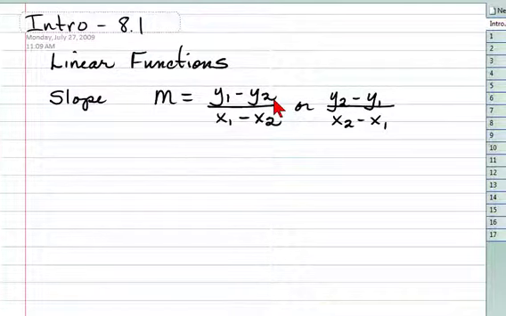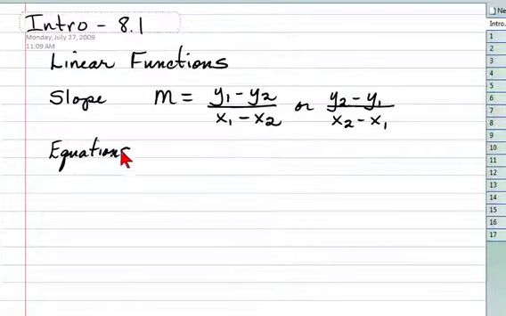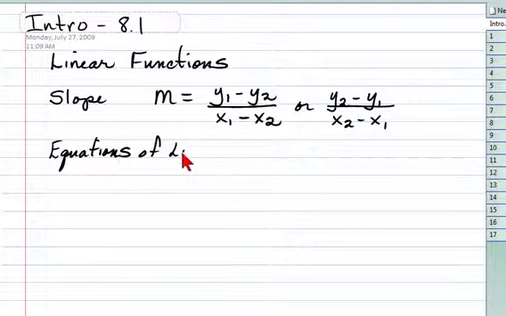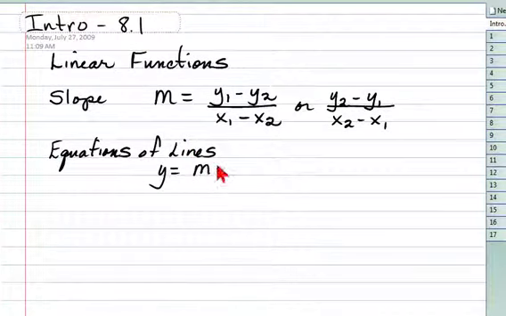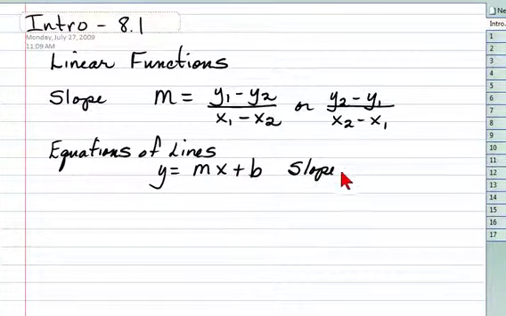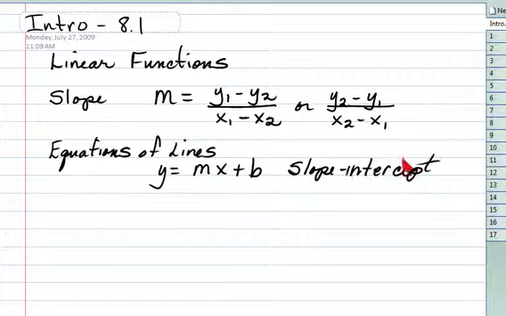Okay, and this is going to be some information that you did a lot of in Math 307, or at least part of it will be. All right, equations of lines. The one that you used in Math 307 was y equals mx plus b, which is called the slope-intercept form.